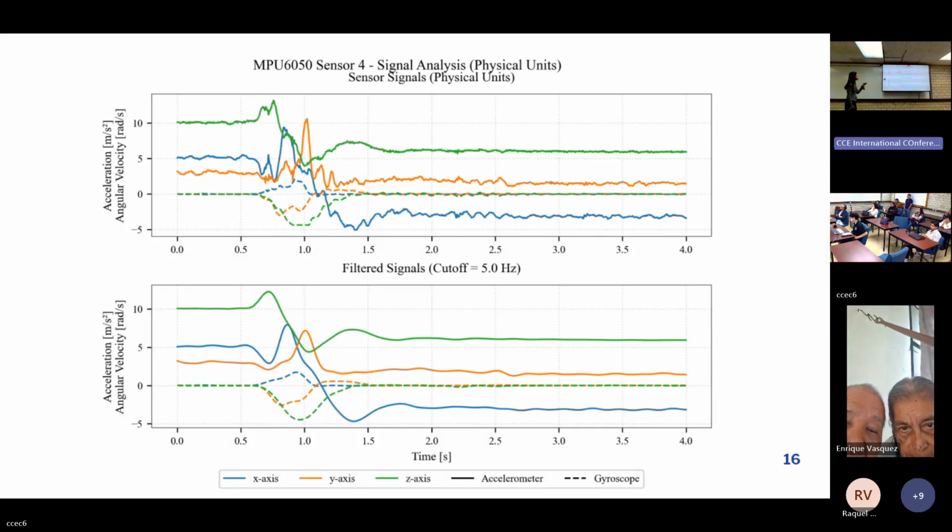Here we can actually see the before and after of the processing of our signal. Here we can see one sensor for one finger. In this case, it's the index finger. We can see here that the MPU 6050 gives us both the accelerometer and the gyroscope in the X, Y, and Z axis. And we can see here the noise that we had before was reduced.